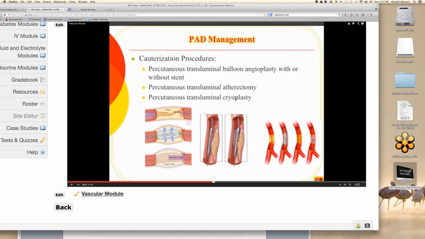Or we do the cryoplasty, a new procedure where there's a balloon involved, and through the catheter we can apply very cold air. The whole idea is to shrink the plaque and get it together so it doesn't break off. This is the newest way.